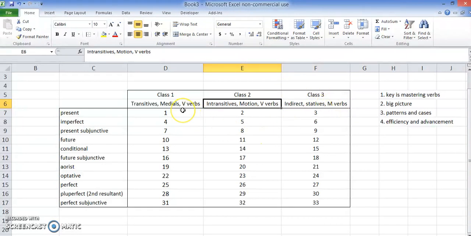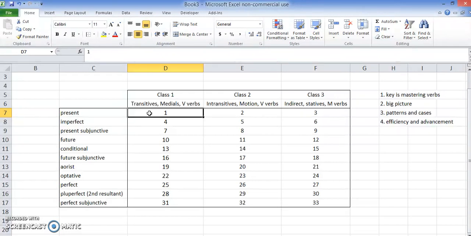Now, going into what each of those different terms are is not really important for now. What I want to focus on is that in Georgian you have 11 different tenses. Why I think this table is helpful is because, for example, in class 1, for the present tense, the verbs in here tend to have similar patterns to how you conjugate them.